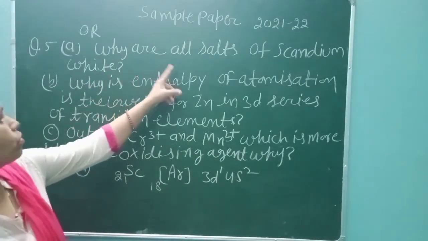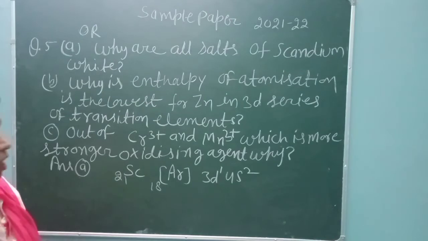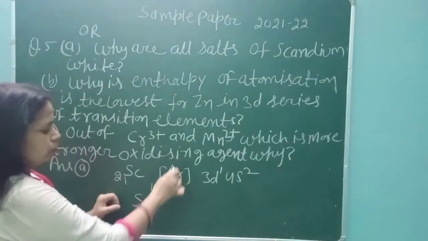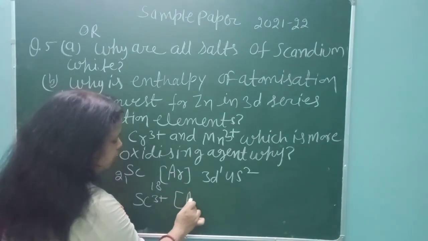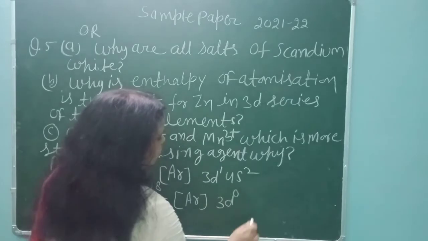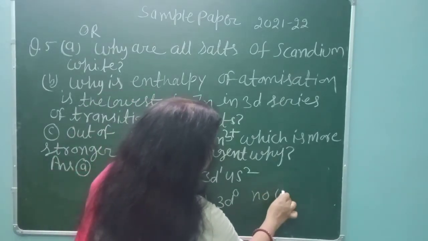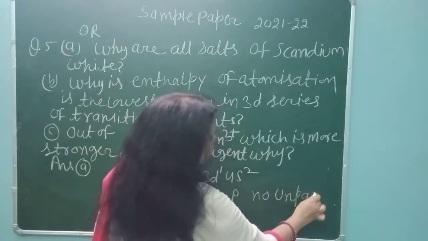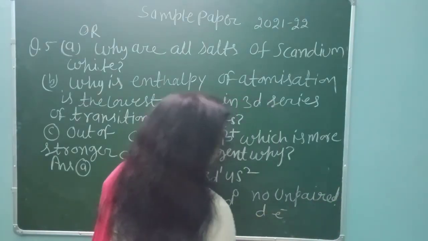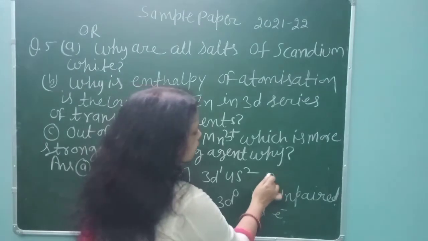Why are all salts of scandium white? Scandium is always present in the 3 plus state. So in salt, argon, it is present as 3d0. There is no unpaired d electron, so d-d transition is not possible.